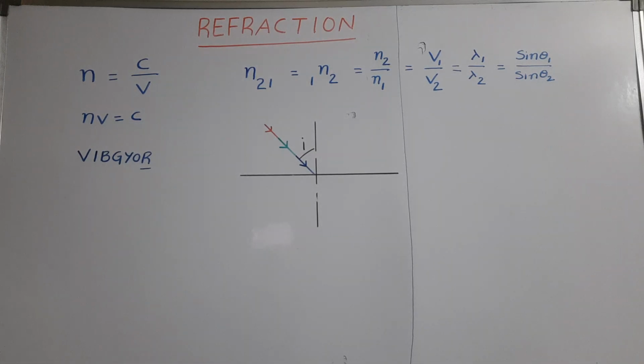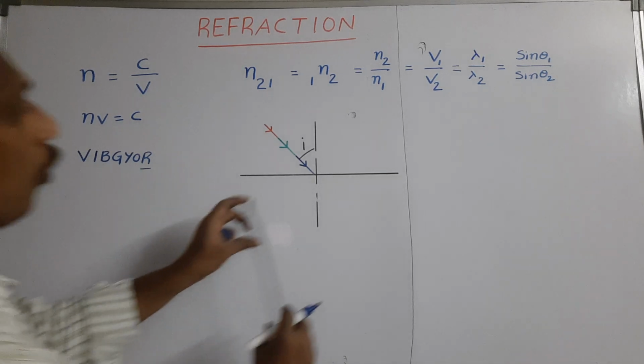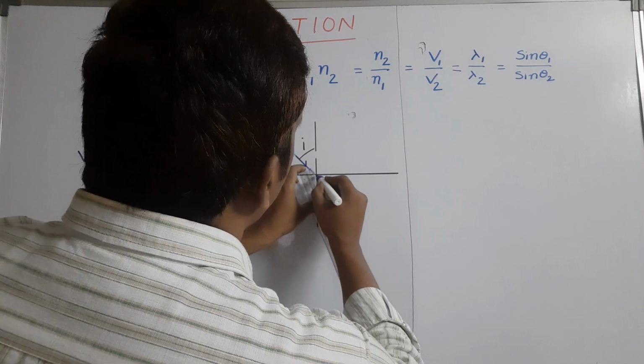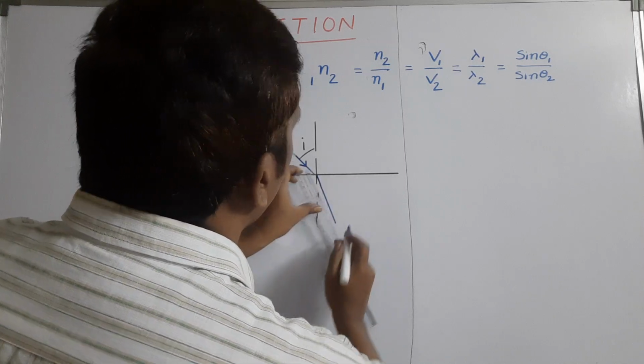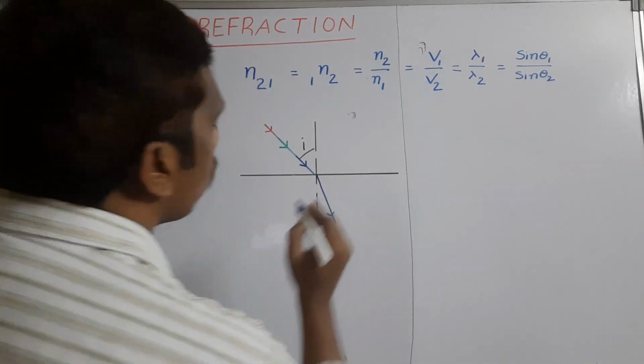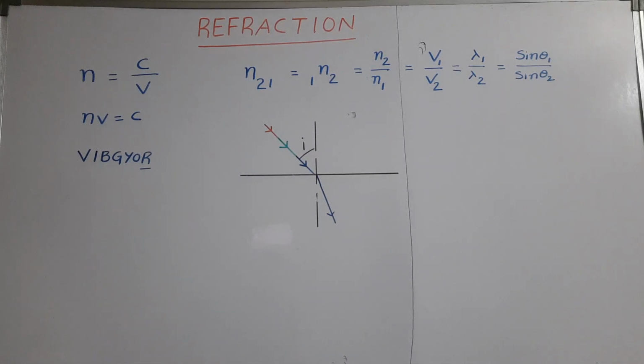All colors are making the same angle of incidence i. But according to colors, red color has less refractive index. Due to less refractive index, it deviates less. And blue color's refractive index is more. That's why, out of three colors, the one with more refractive index deviates more. So blue color comes like this because of more deviation.